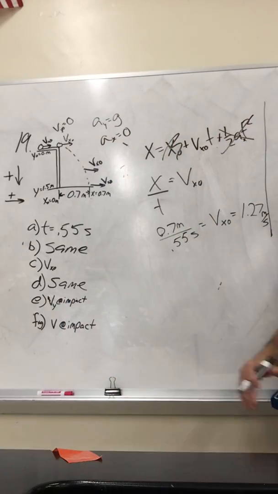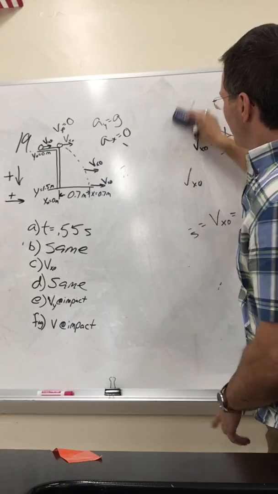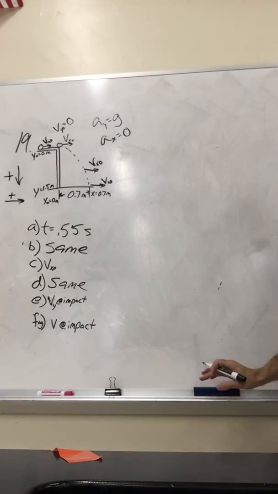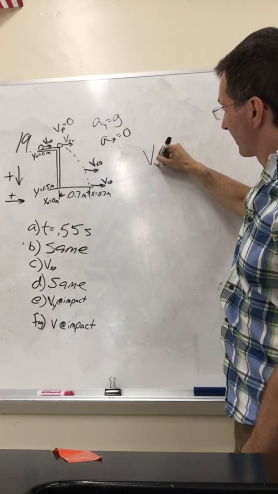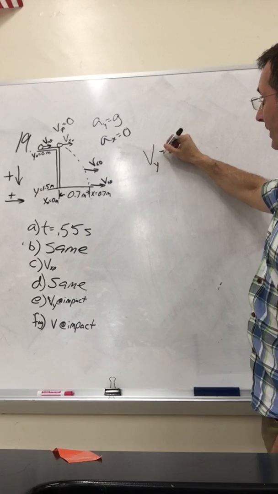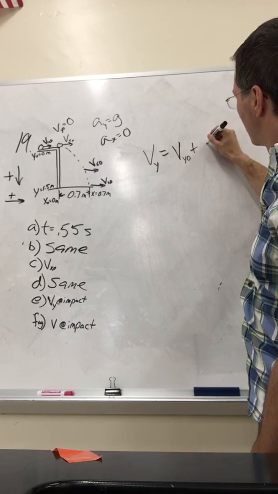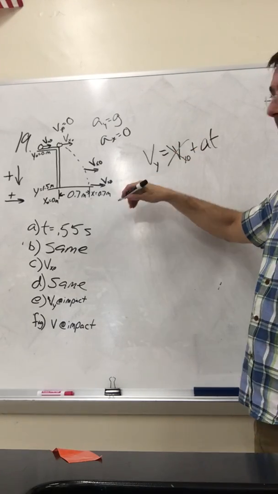All right, so now we're looking for the vertical velocity on impact. Well, we do know that the vertical velocity is changing at this rate, the rate of g. So if I want to know the vertical velocity at any point, I will just use my first formula. The initial is 0, right, because it's horizontally launched.